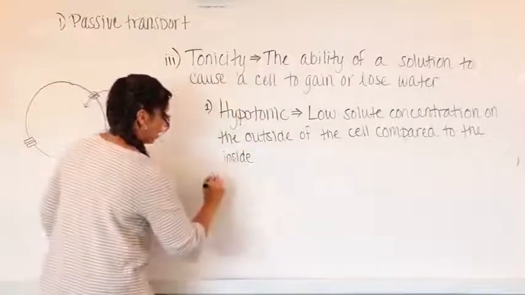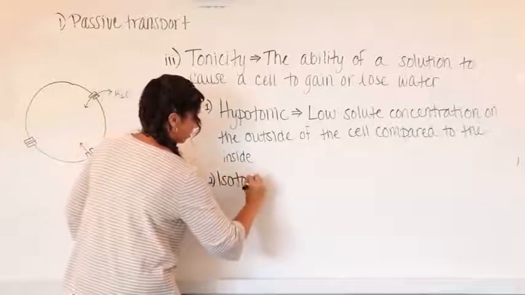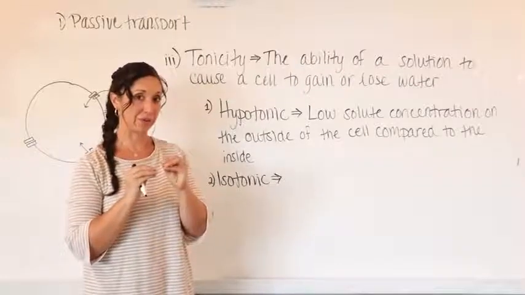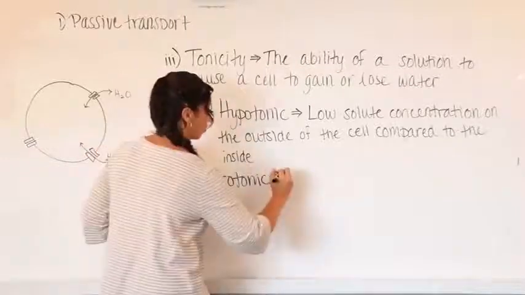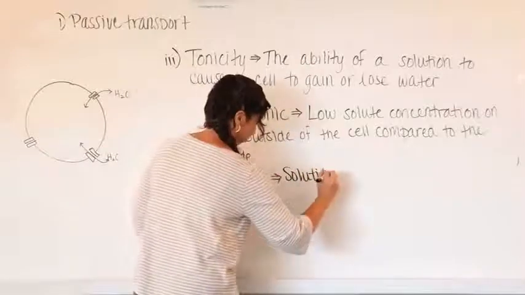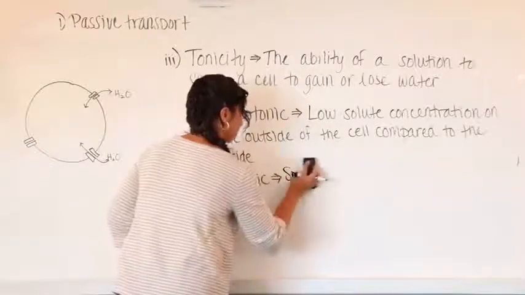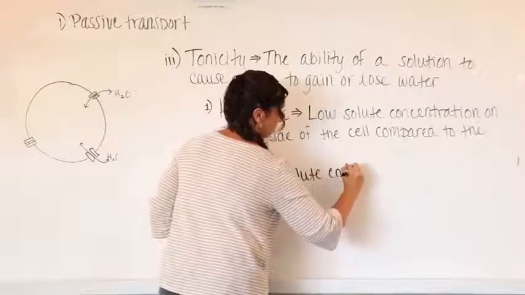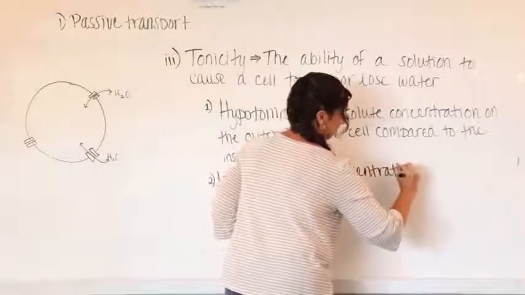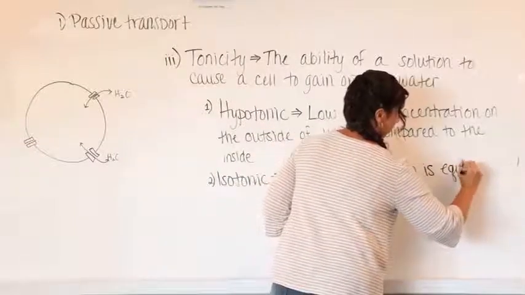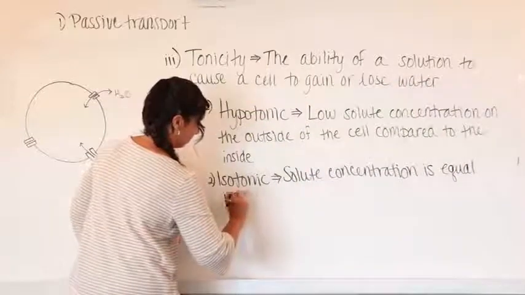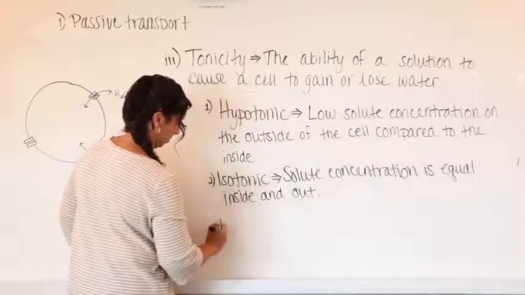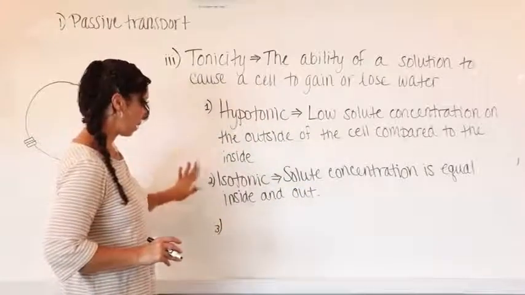If I am isotonic, the solute concentration is equal on the inside and the outside. It's good balance. So you got hypo, you got iso.